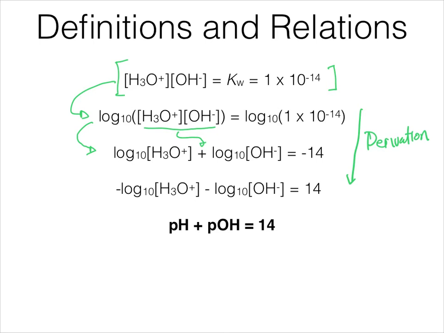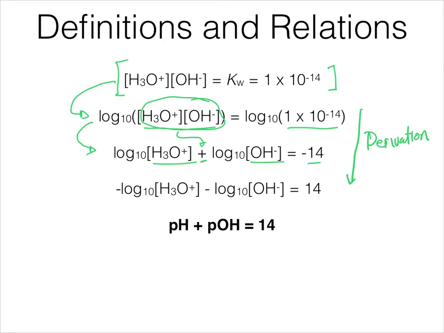I broke this apart and got rid of this complicated argument to break it up into two smaller arguments. And when the arguments are multiplied together and the log is taken of them, we add those. And so I've got the log base 10 of H3O plus the log base 10 of the hydroxide. And then if I take log base 10 of 1 times 10 to the minus 14, I get negative 14.